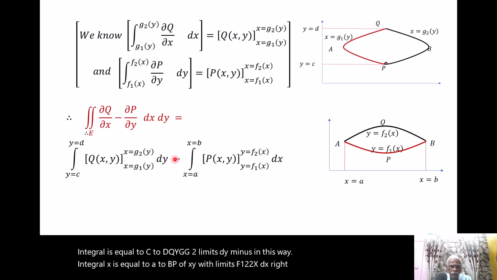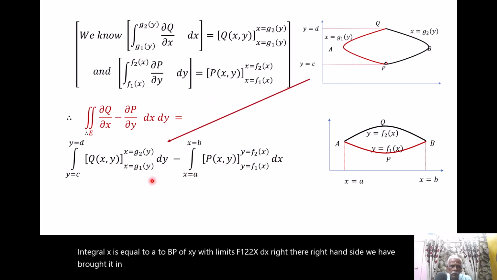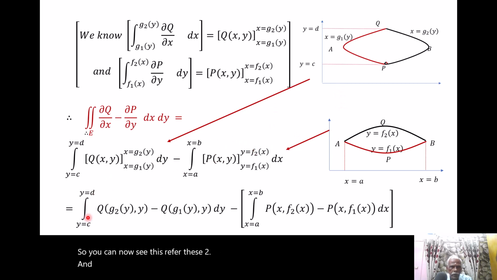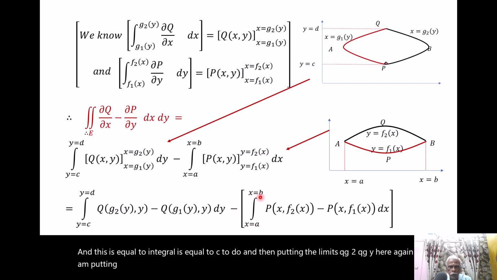Therefore the right hand side we have brought into this form. Now you can refer to these two. And this is equal to integral y is equal to c to d, and then I am putting the limits, Q of g2(y) minus Q of g1(y) dy, minus, here again putting the limits, integral x is equal to a to b, P of f2(x) minus P of f1(x) dx.